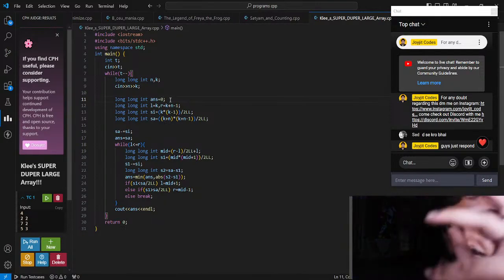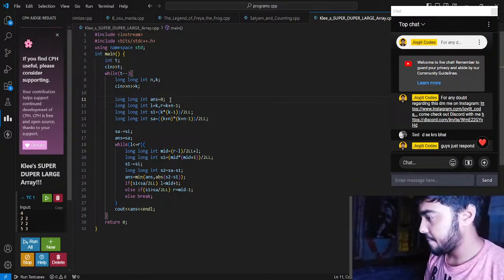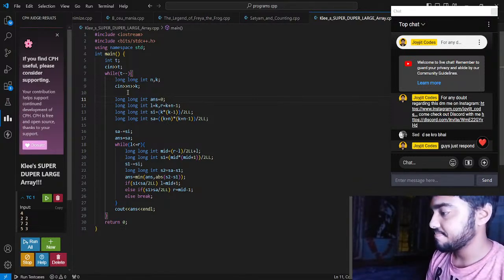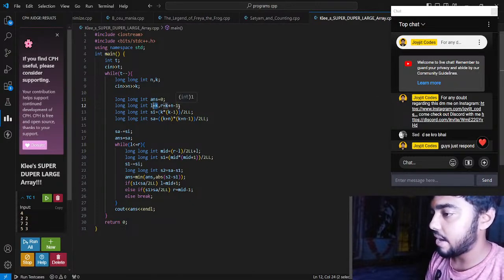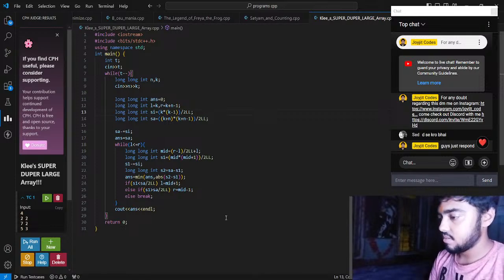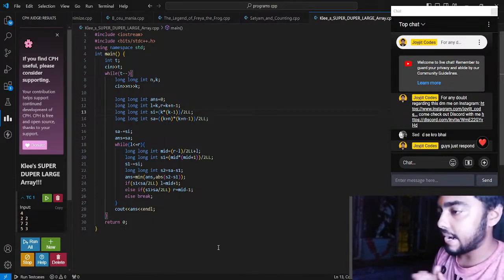Let me focus my camera. So what we do is, as I told you, I'm fixing the value of L and R over here. And SI is basically the sum of the first k minus 1 terms. As I told you, we have to ignore that every time.